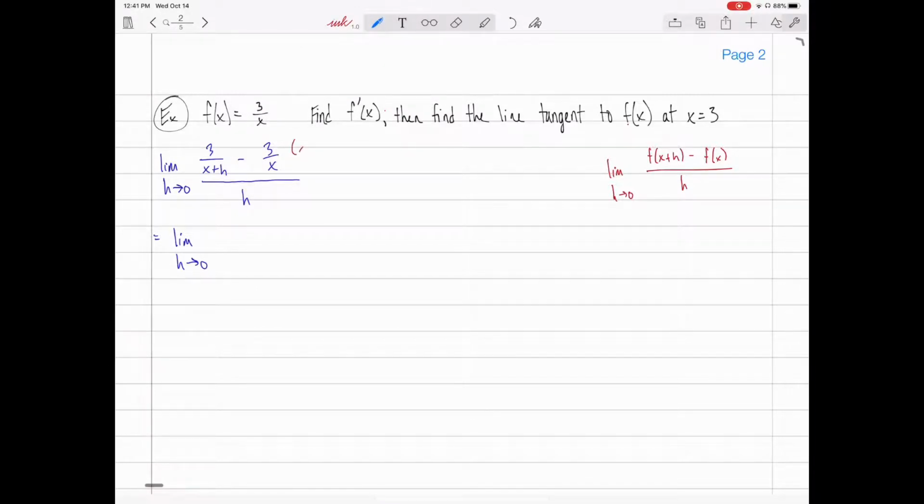So we're going to multiply this by x plus h and this side by x. And let's do that first. So in the numerator of the numerator, I would have a 3x minus 3x minus 3h, all divided by x times x plus h.